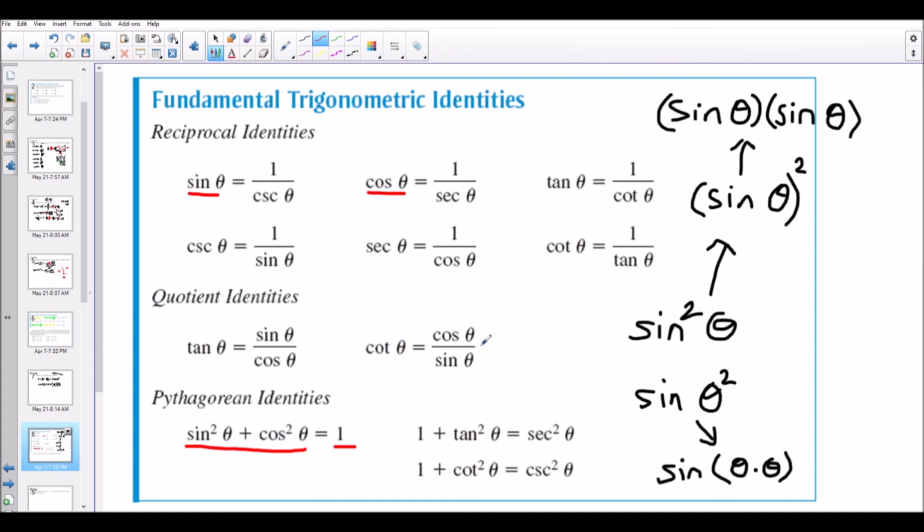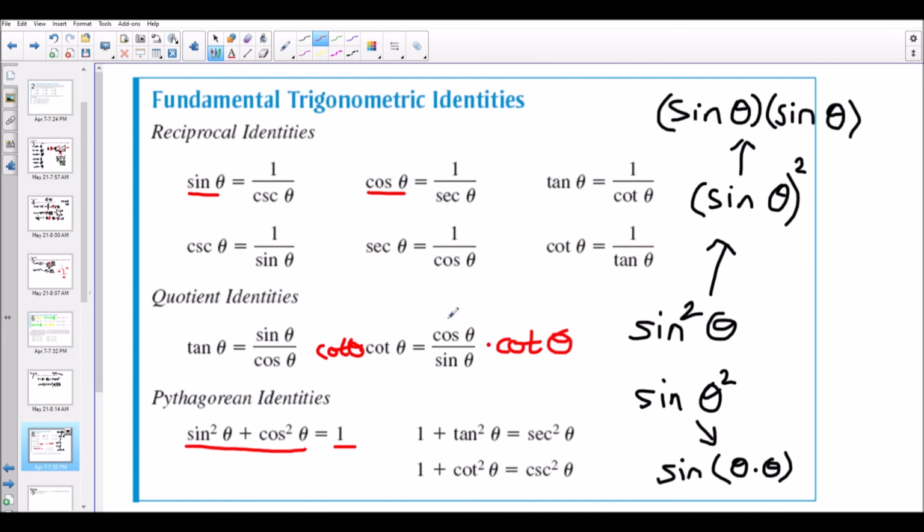Well, that's just because when you have cotangent times cotangent, cotangent is equal to cosine over sine, so you could replace this cotangent of theta with a cosine over sine. And then you'd have cosine times cosine over sine times sine, which gets you cosine squared and sine squared. And the cotangent times cotangent gets you cotangent squared.